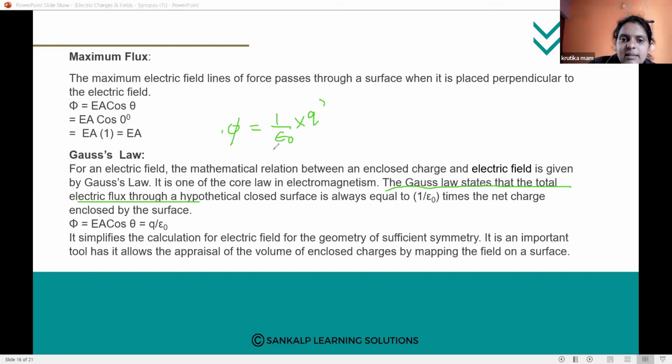This is called Gauss law. I'll repeat: the total electric flux through any closed surface is equal to 1 upon epsilon naught times the total charge enclosed by the surface. Therefore, this can be written as flux is equal to Q divided by epsilon naught.